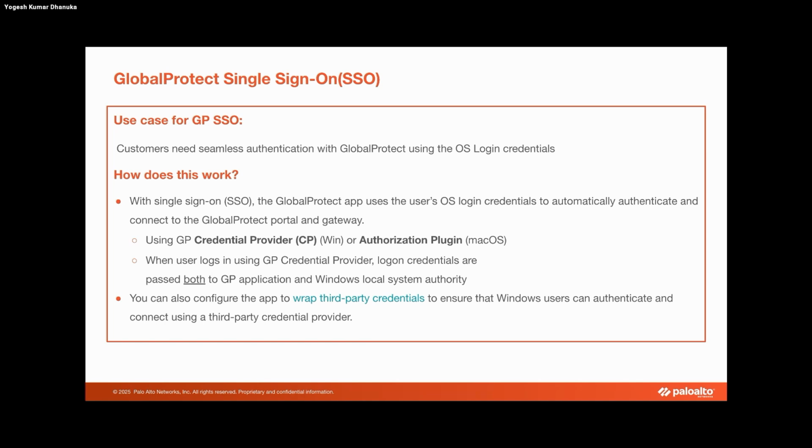Now, as we already discussed, that's not applicable to SAML, but let's say LDAP or Kerberos, there the single sign-on would be useful where the users are not really getting prompted to authenticate with the username and password, and SSO is basically able to wrap the credentials and then send it over to the GP so that the GP can authenticate.